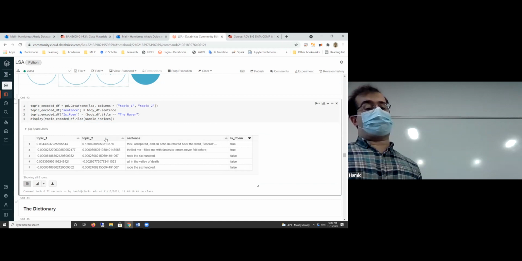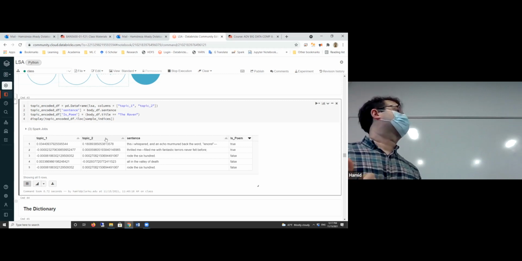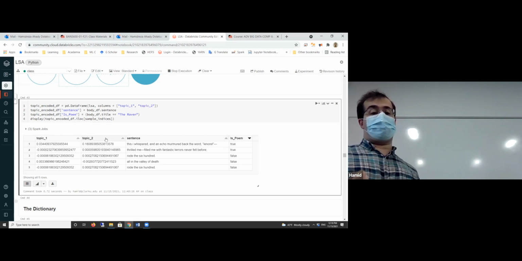Instead of having bag of words as the representation, we just use 2 topics or components for representing each sentence. Also, we have an extra column, which says whether the sentence comes from the Raven book or from the other book.